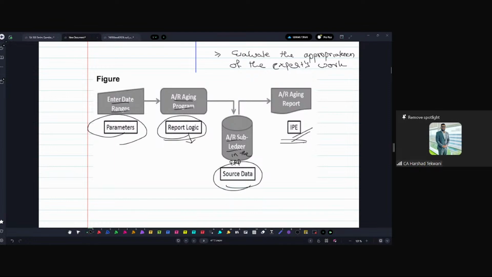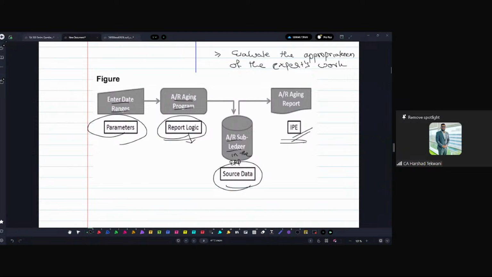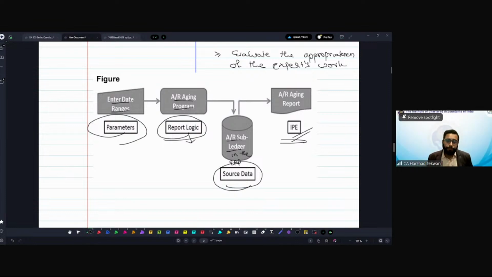By performing some tests. Like for example, let's take this AR case. How will you verify the report logic? By verifying the input processing and actual output that has been derived versus what should have been derived. So you will perform the manual recalculation of AR aging?